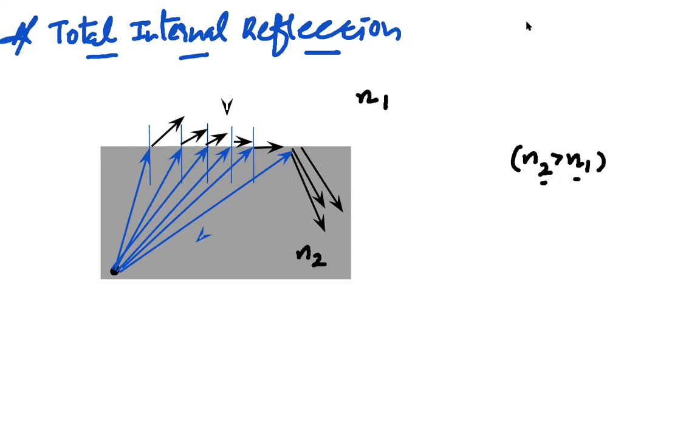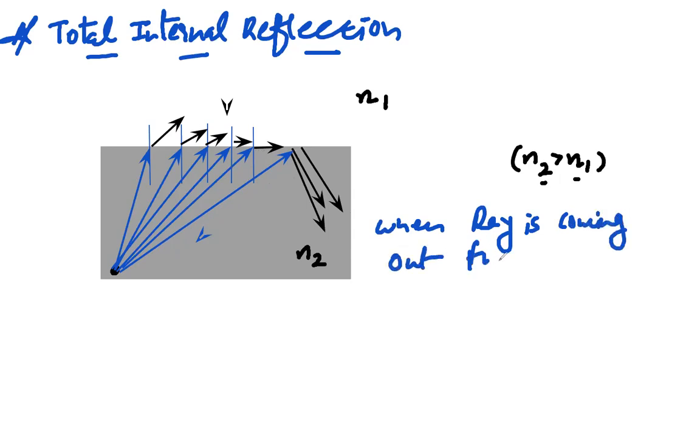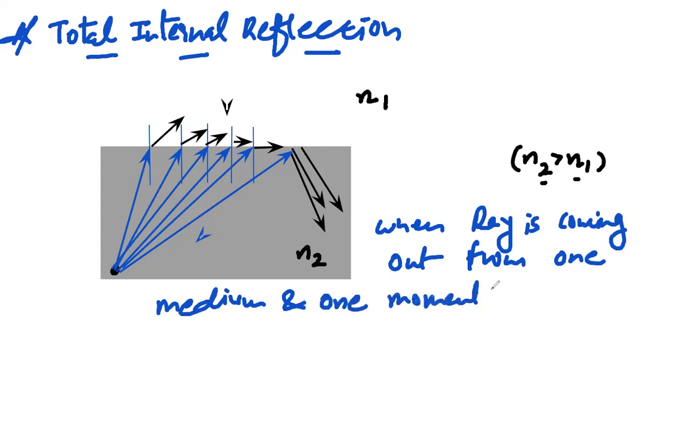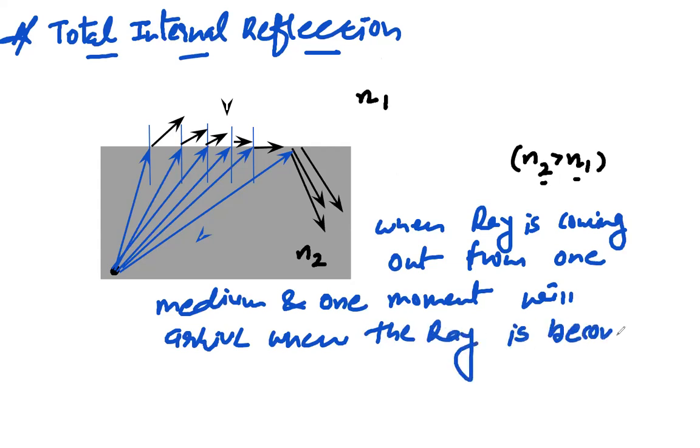So you can first put a definition for that. It is called total internal reflection when a ray is coming out from one medium, and one moment will arrive when this ray becomes parallel to the surface.